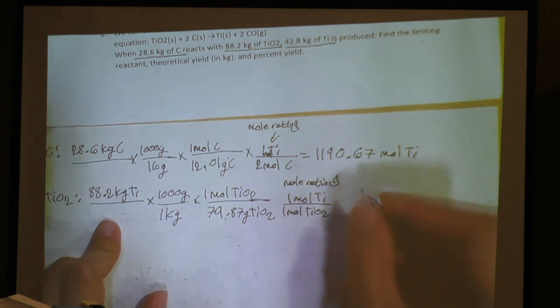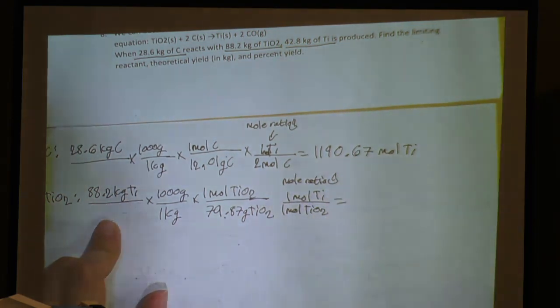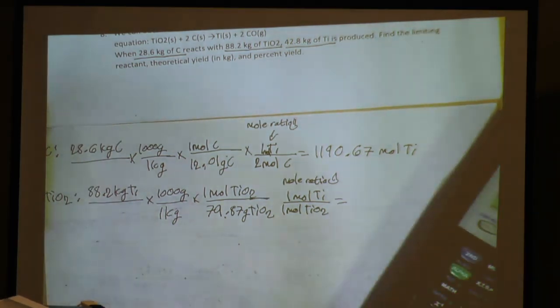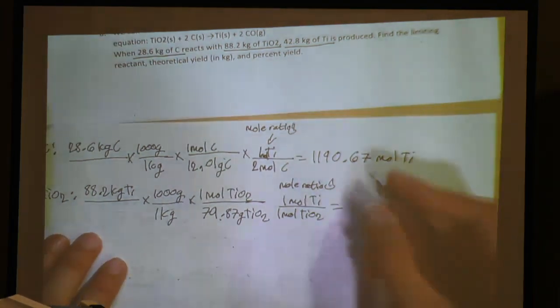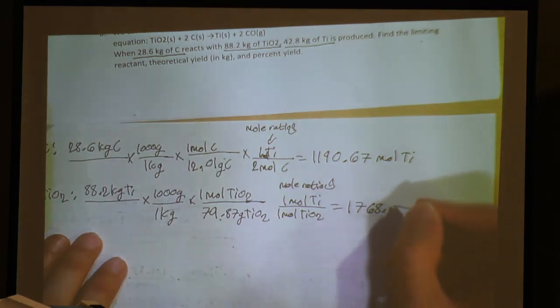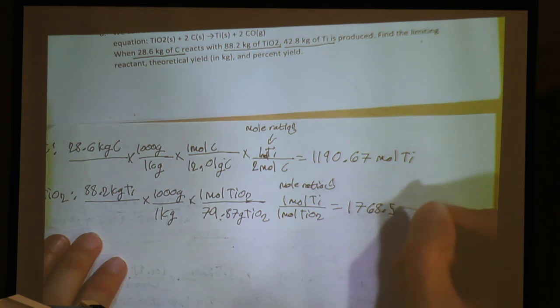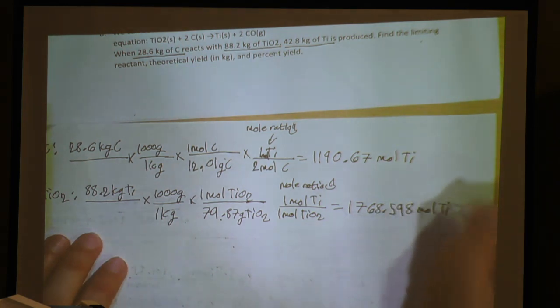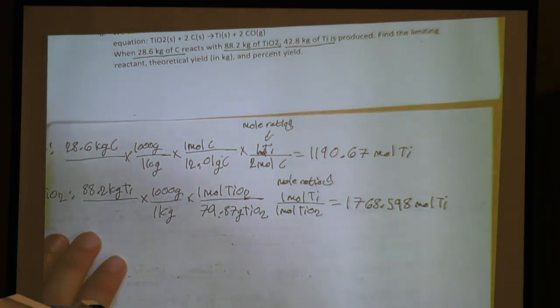And now we can calculate that. 88.2 times 1,000 divided by 79.87. That's going to be 1768.598 moles of titanium. So what's our limiting reactant?